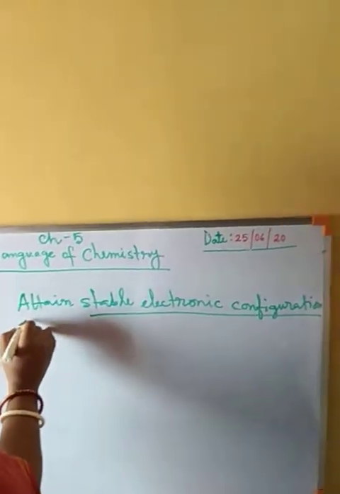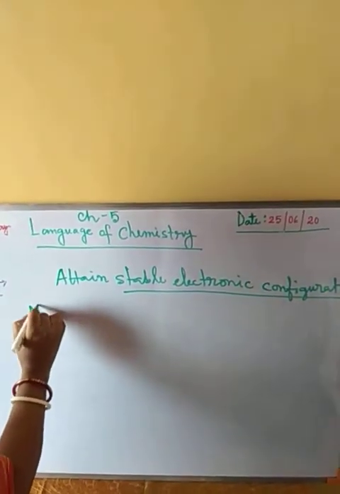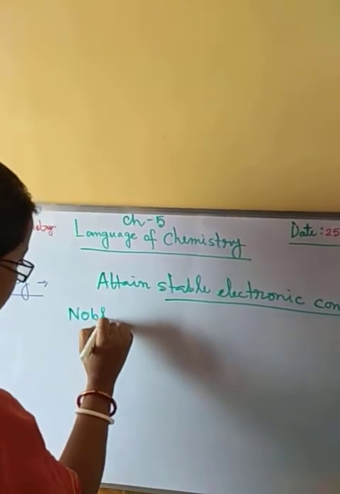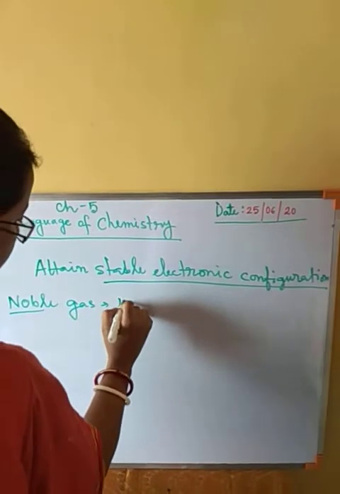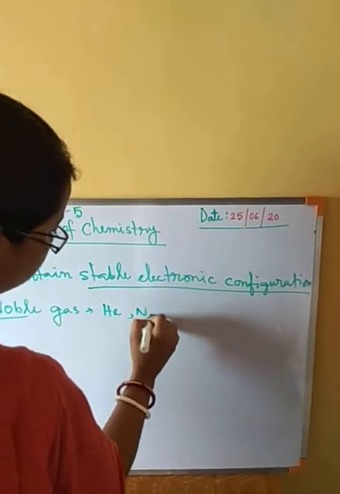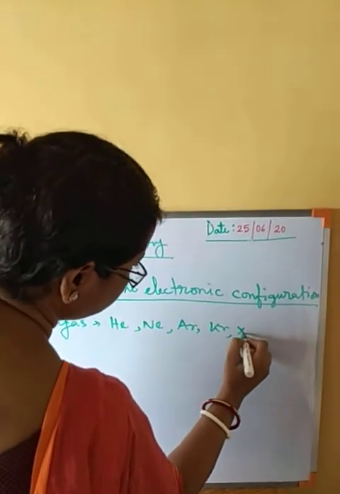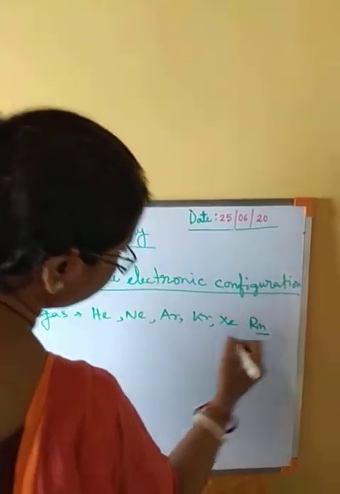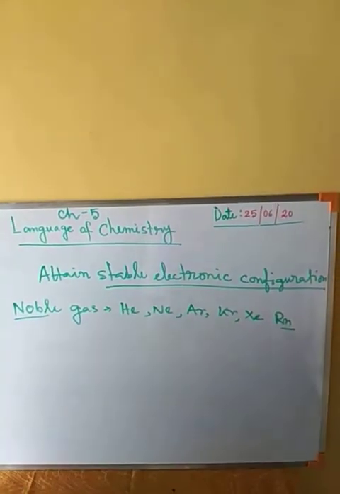Now the elements which are already stable, like noble gases: helium, neon, argon, krypton, xenon and radon. They already have a stable electronic configuration.